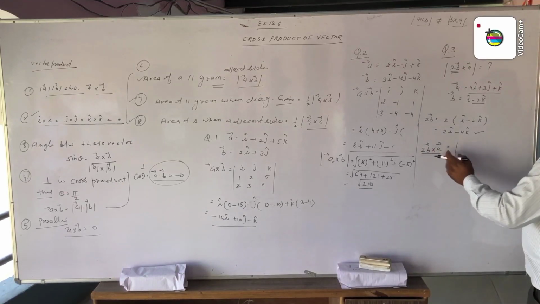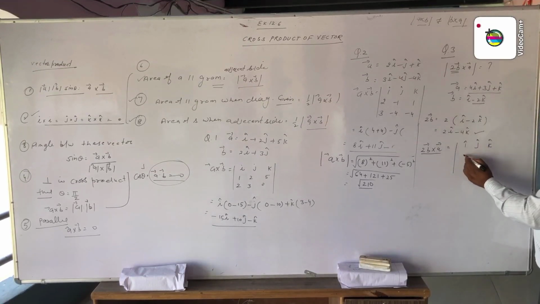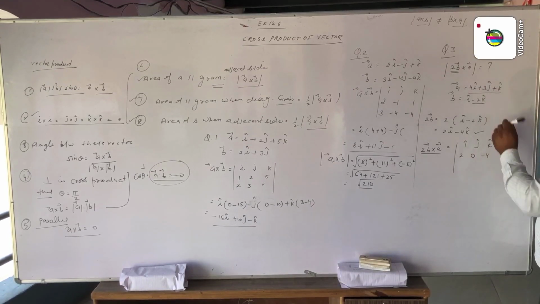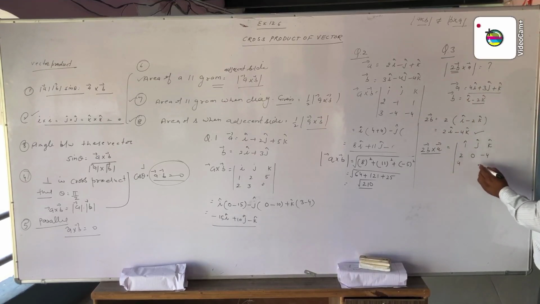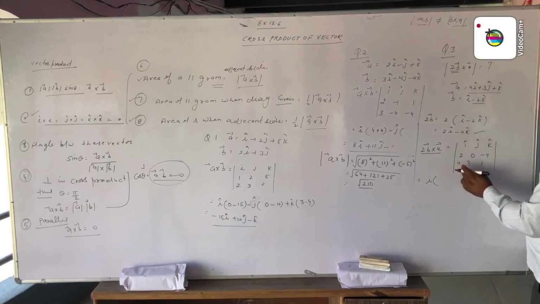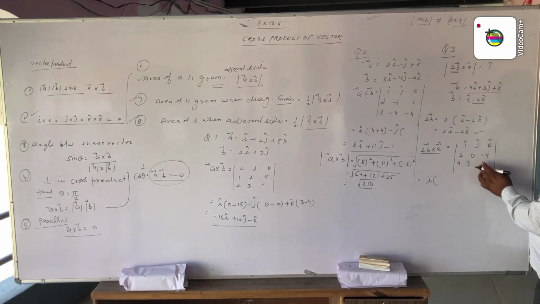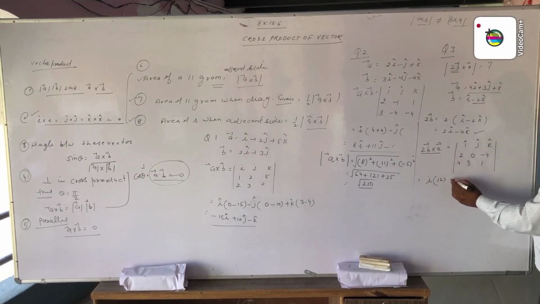So now we take i, j and k. Now 2b vector has i component 2, j component 0, k component minus 4, and vector A has i component 4, j 3, k 1. Now the product of this: i into 0 multiply 1 is 0, this is minus 12, so we take negative, any positive.